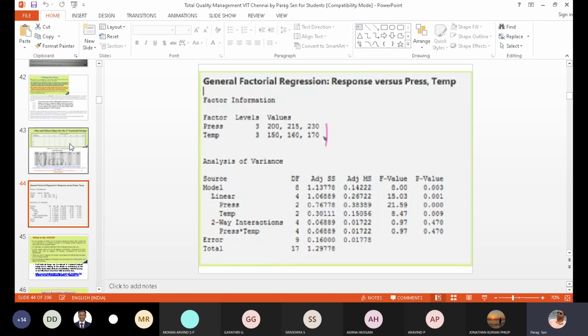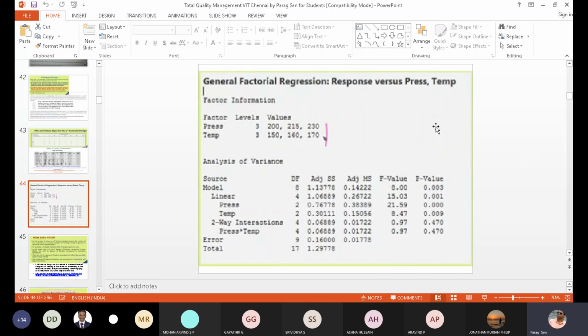But before that, we can see how we can interpret a full factorial design. I will discuss in more detail later, but now just roughly, so that you get an idea.